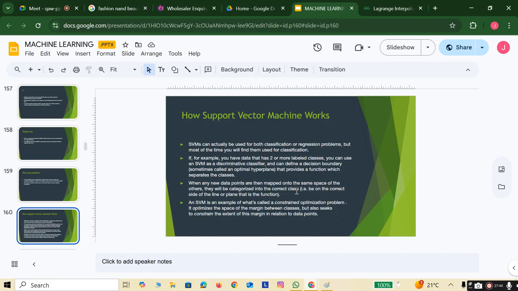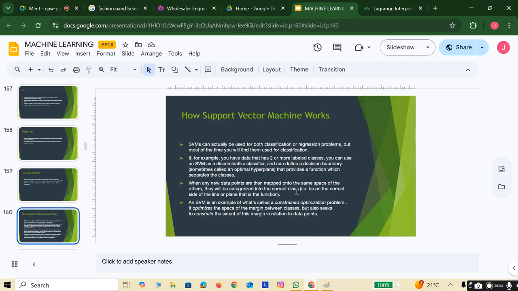When new data points are then mapped into the same space, and this is how machine learning works, you train it on existing data to use it on incoming new or unseen data. If you implement a machine learning model for market share, we are using it for new customers, not for the already existing ones.